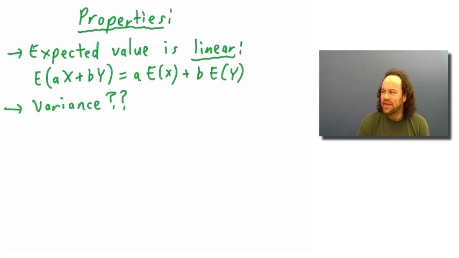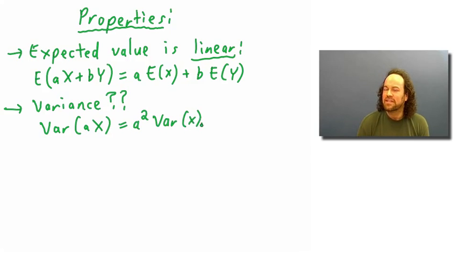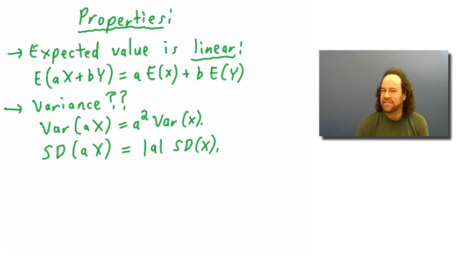If we take the variance of, say, a constant a multiplied by a random variable x, then the variance multiplies by a squared. And if we then take the standard deviation, well, it multiplies by the absolute value of a. So if a is positive, it just multiplies by a, but if a is negative, it multiplies by the absolute value, or the positive part of a.